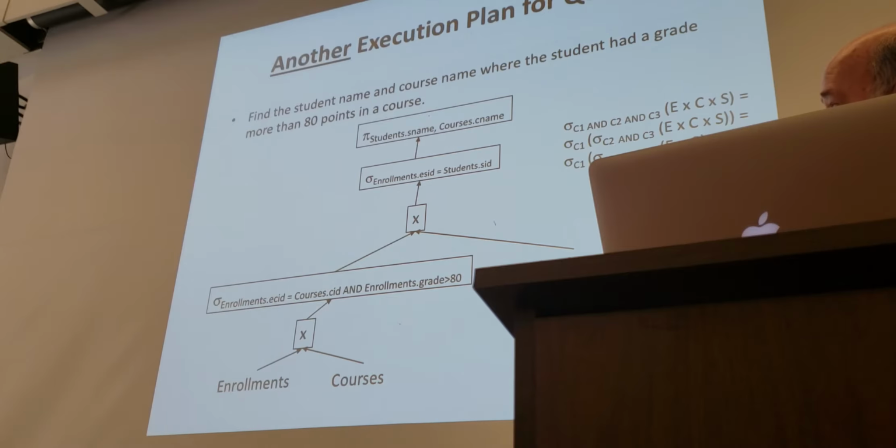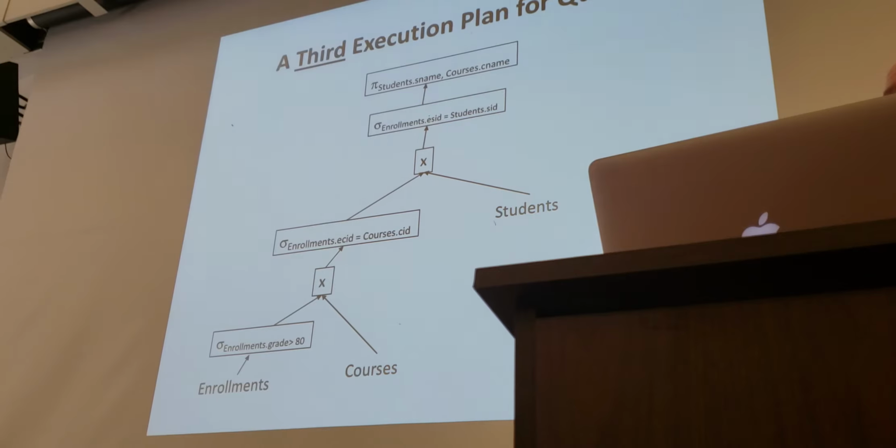Why am I checking on the grade after I do that product? Grade greater than 80 is a predicate that is only on enrollments. I'm bothering to take the product of all enrollments and courses, even if the grade in enrollments was 65. It's irrelevant.